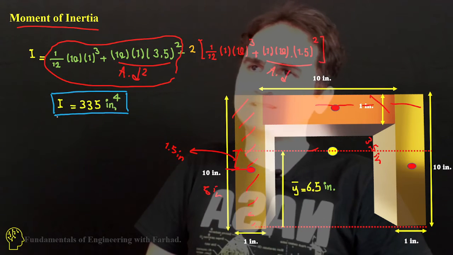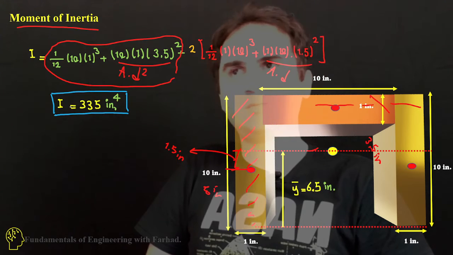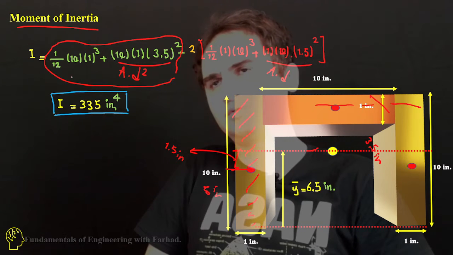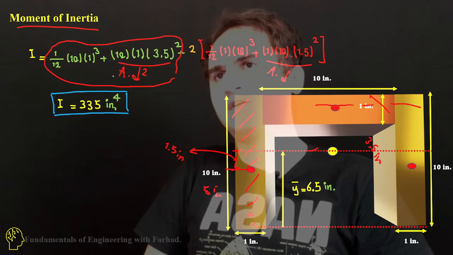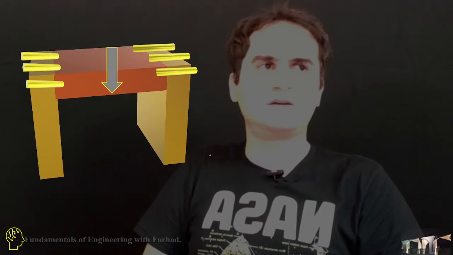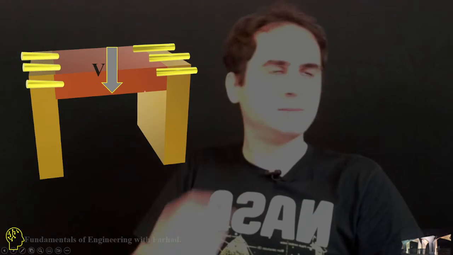If you do the math, it gives us the moment of inertia of the system equal to 335 inches to the fourth. If we replace that in our transverse shear equation, it gives us the results.